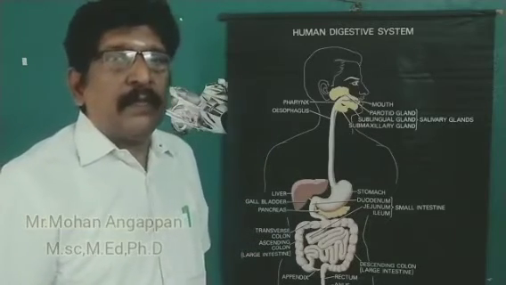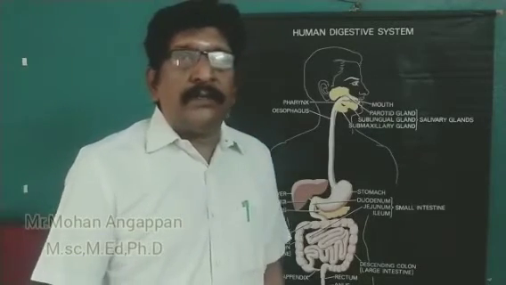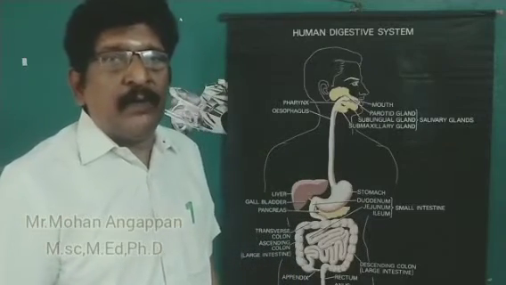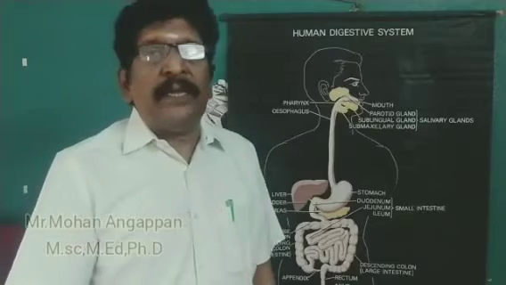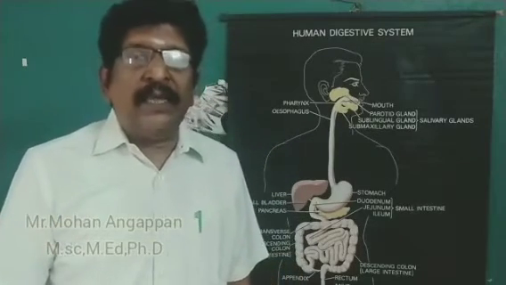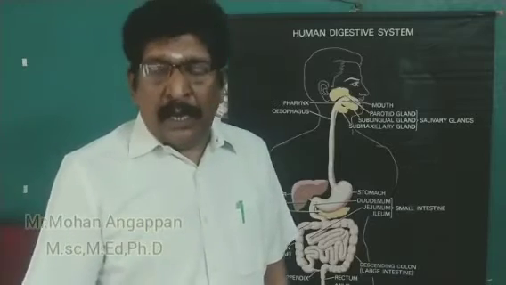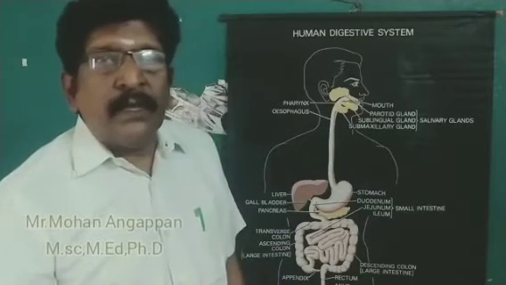Today I will talk about the digestive system, one of the most important topics in human physiology. Whatever I speak and teach you will be according to the NEET point of view, so kindly be attentive to this class.